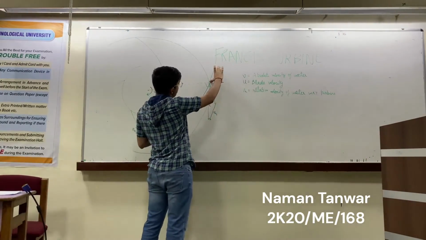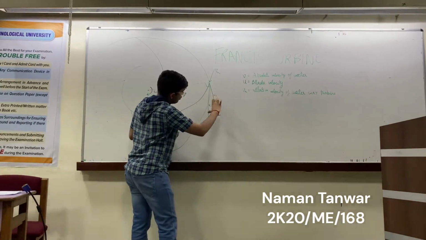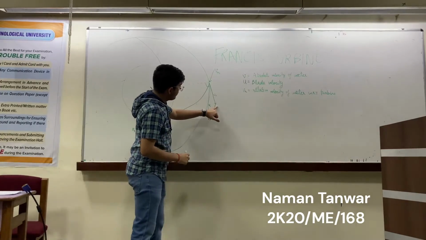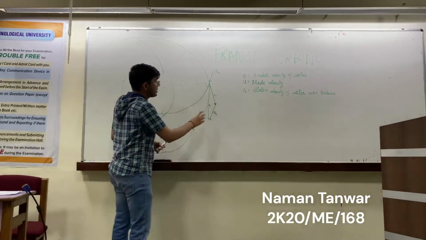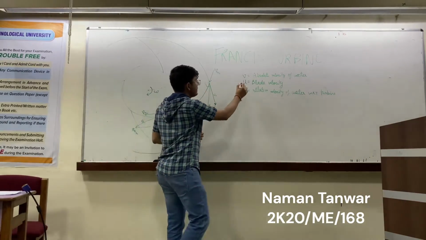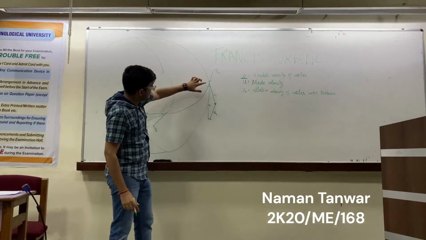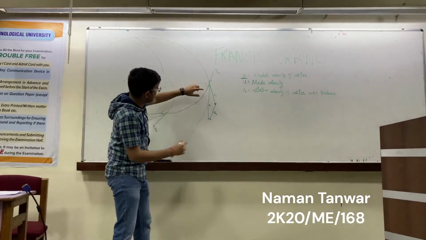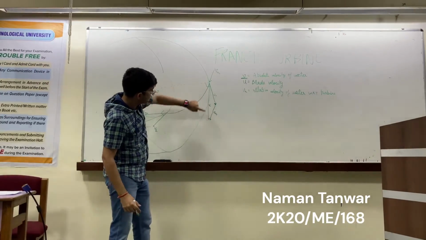Now we will shift this velocity. The tail should be joined with the head of this vector to get the resultant velocity, which will be nothing but the absolute velocity. So the absolute velocity of water at the inlet will be v1, and this will be in this direction.